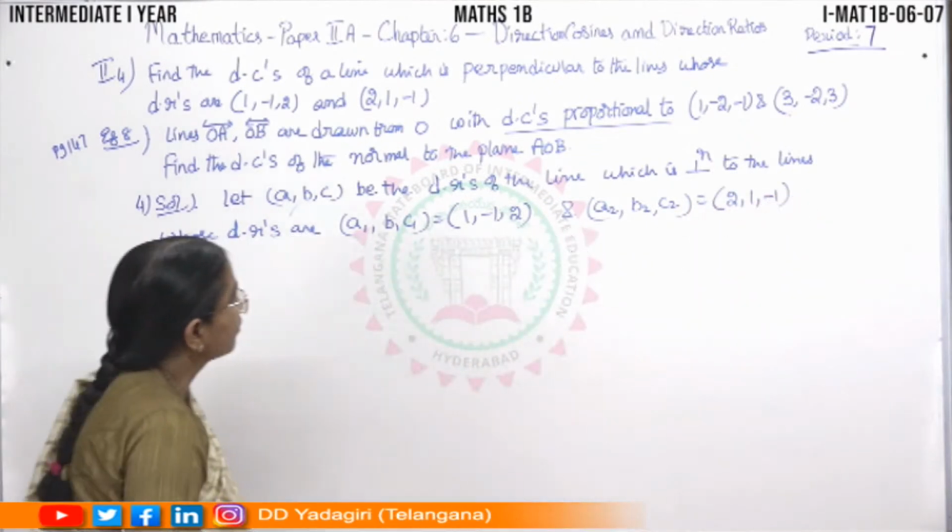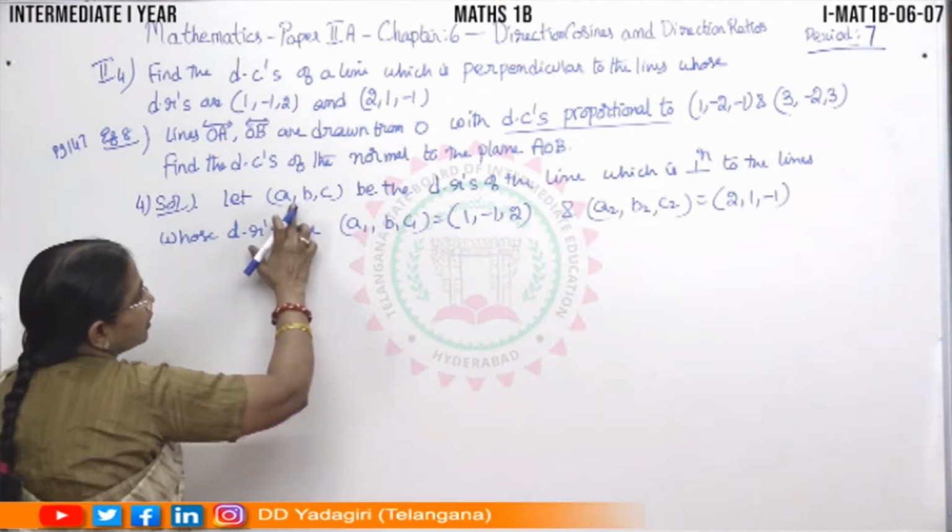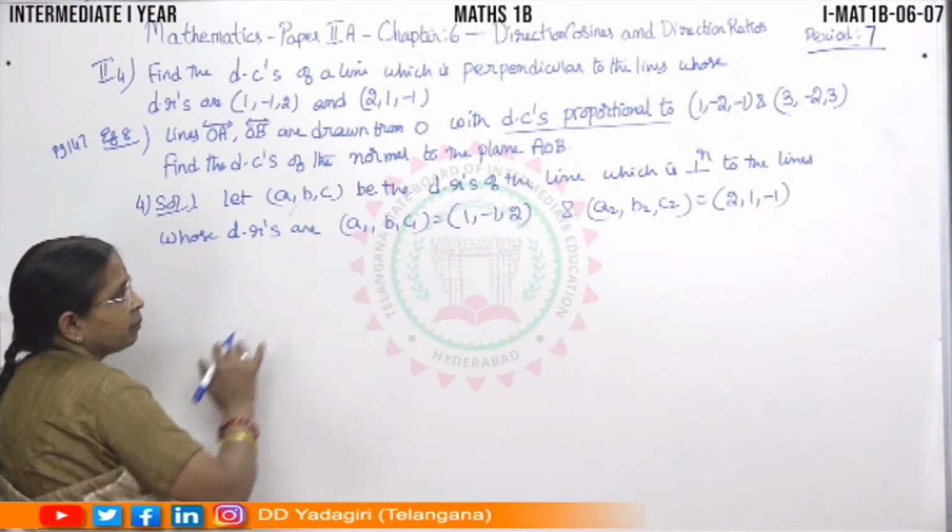So we'll take it like this. Now the line and these lines are perpendicular.